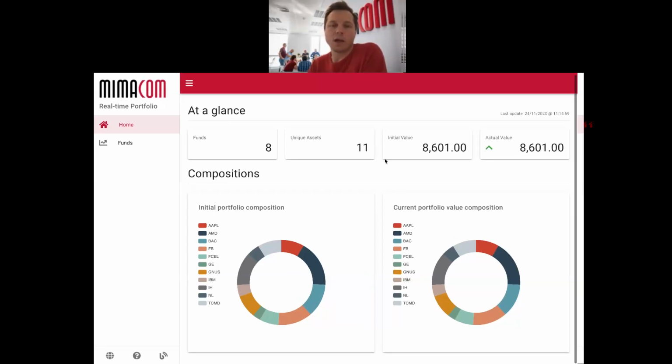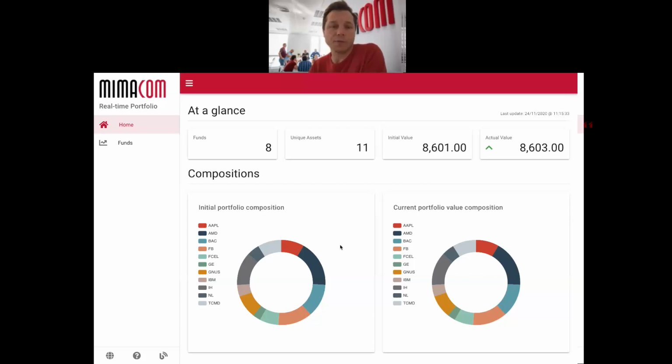So you can see the values change in real time, and this happens because we ingest in the background some data from external sources related to the values of these assets. You can see Apple here, somewhere IBM, and Facebook, and with that happening in the background, we can calculate immediately, for example, the actual value of what's been invested.